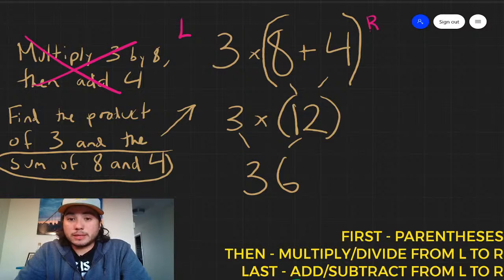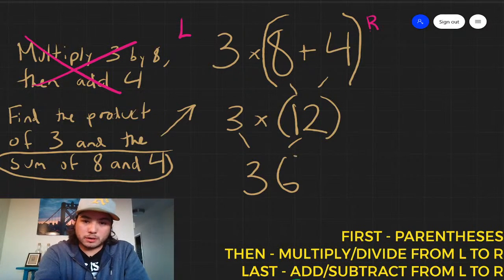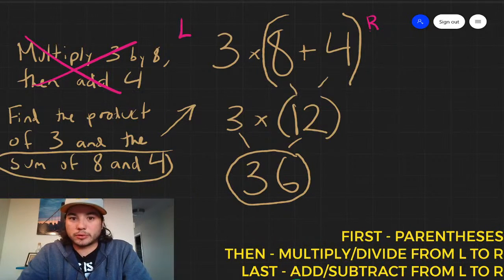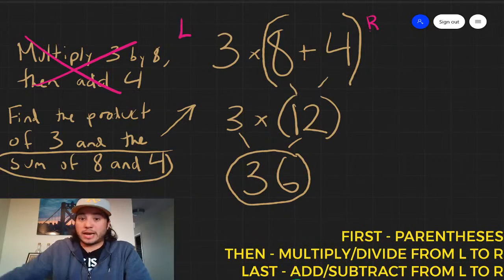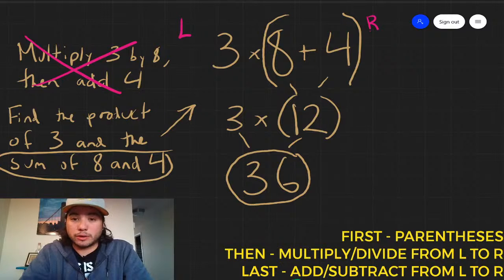Okay, so parentheses can make a big difference because what was our simplification of our last expression without the parentheses, right? It was 3 times 8 first to get 24 and then add 4 to make 28. So by putting those parentheses in, we change the value of our expression, right?